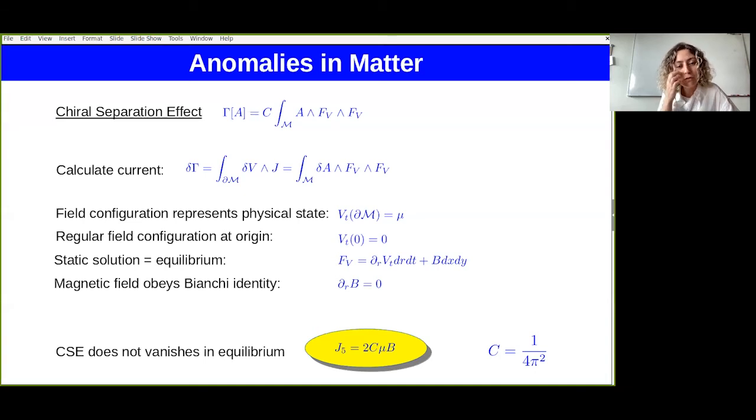And this method, the parameters you defined, mu and the other, come from what we already know. I mean, you define the effective action and then calculate the currents. Exactly. But it's the general form, and you define the chemical potential mu and the other parameters depending on what we already know, the chiral magnetic effect, chiral separation effect coefficients, right?